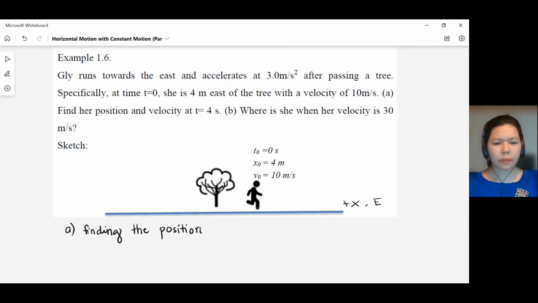Position, this is x final, and velocity, v final, at t equals 4 seconds.